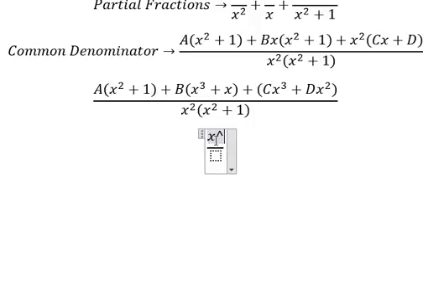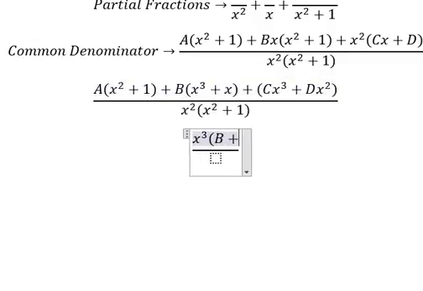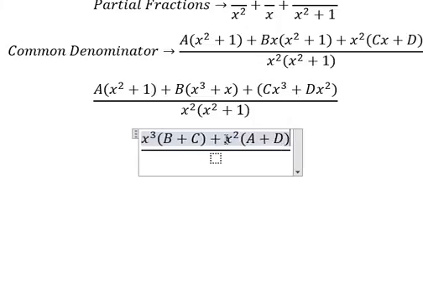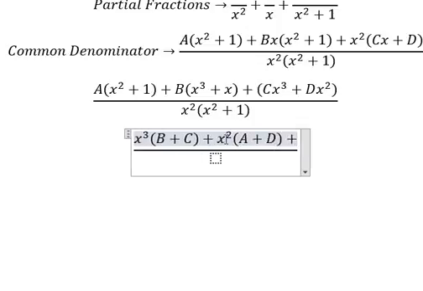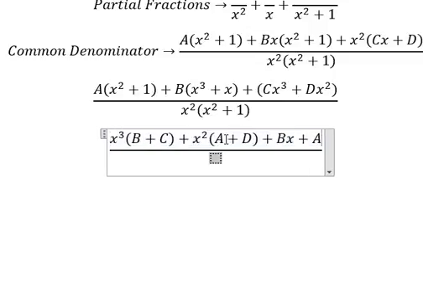About s to the power of 3, we have b and c. About s squared, we have a and d. About s, we have bs. About the number, we have a.